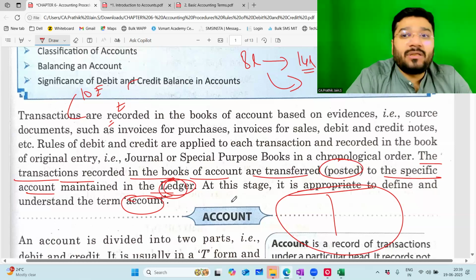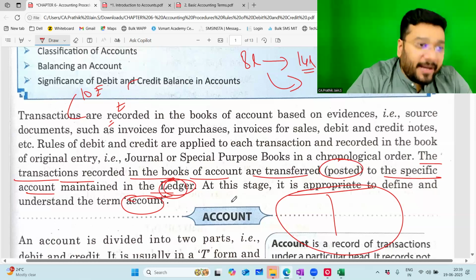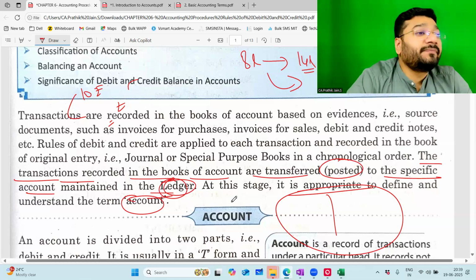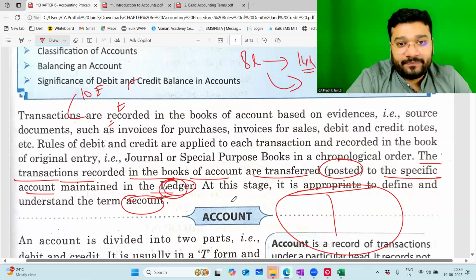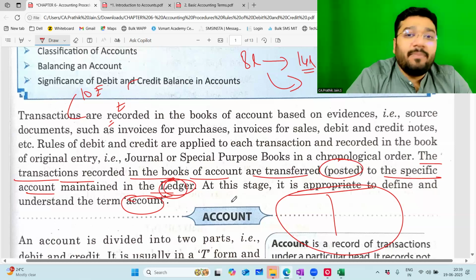Ideally, a CA is not supposed to do that, because that amounts to forgery. But yes, there were cases in history where auditors did join hands with the business to manipulate. If you look at the history, there are a lot of CAs who've been debarred from the CA Institute, who've been prosecuted, meaning jailed, for the activities they've done.